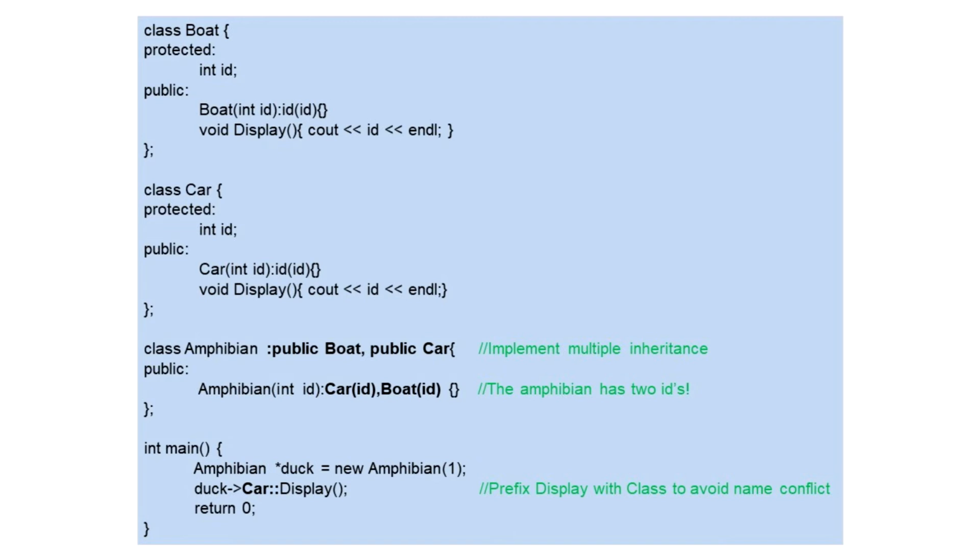And also, if you have a look at the parents now, the car and the boat class, you'll notice that as well as both having an ID, they also have the same member function called display. Again, which one is called when we want to call a display function? And here, if we go back to the main function, we'll see that we can actually specify which of the two display functions we want to call.